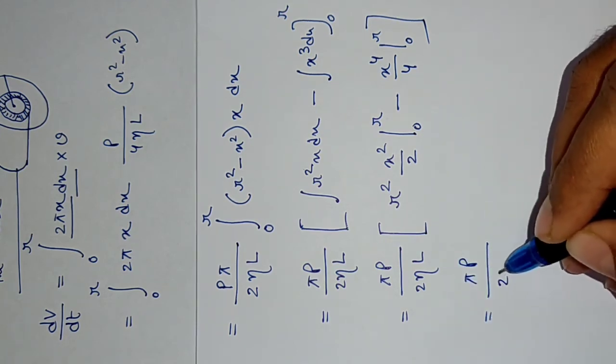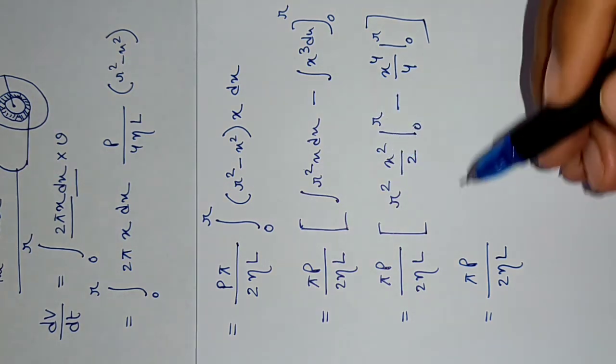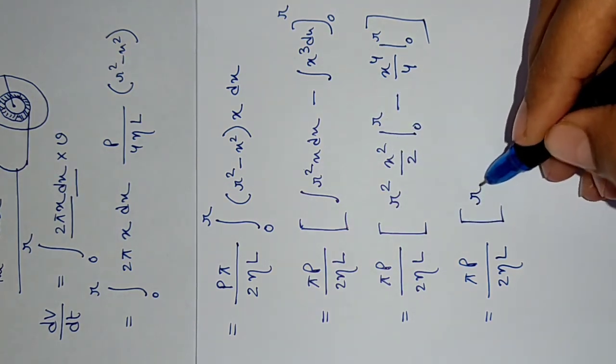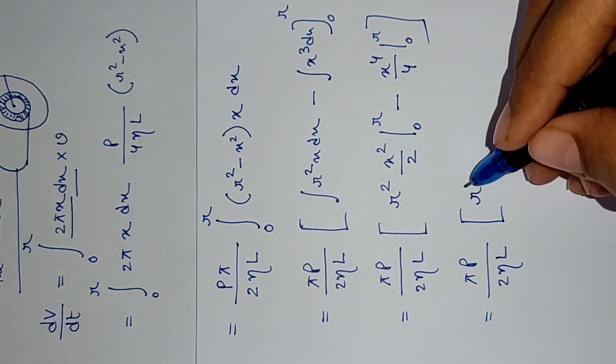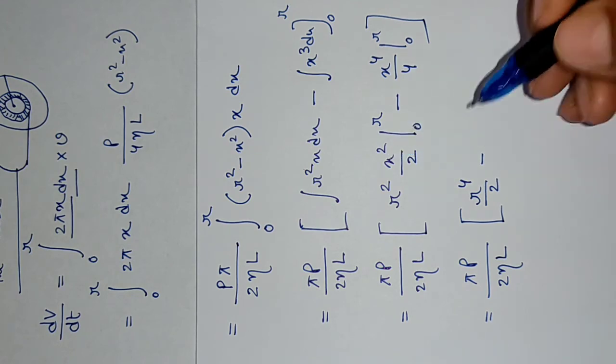Pi P upon 2 eta L. Now when you put r here, it will be r square into r square by 2, that is r to the power 4 by 2, minus 0 here.